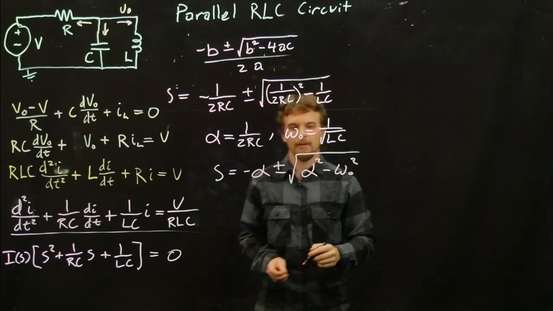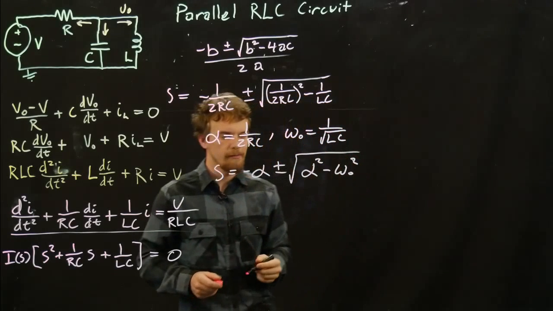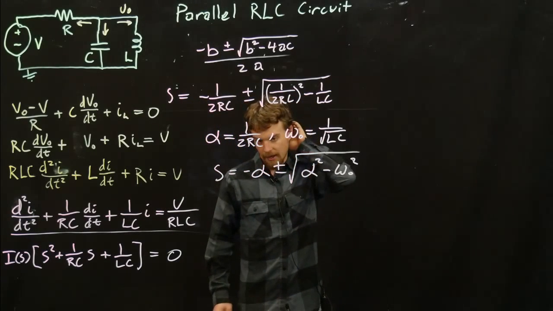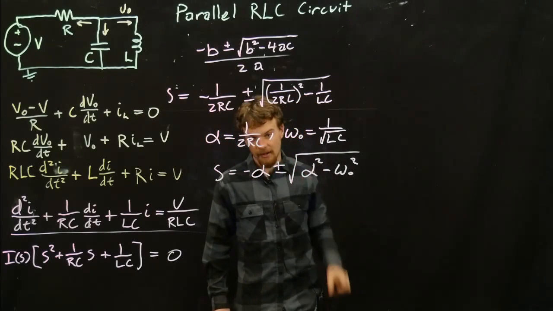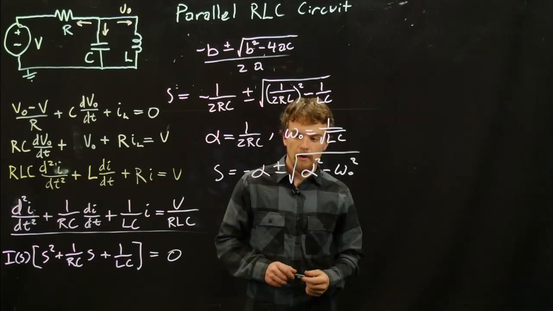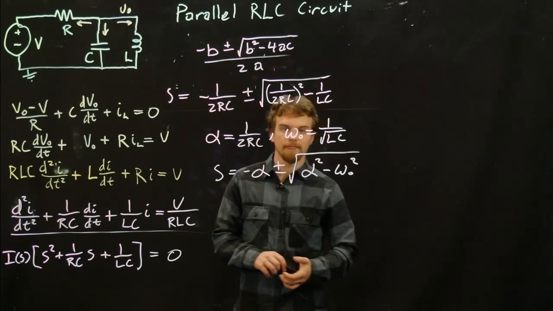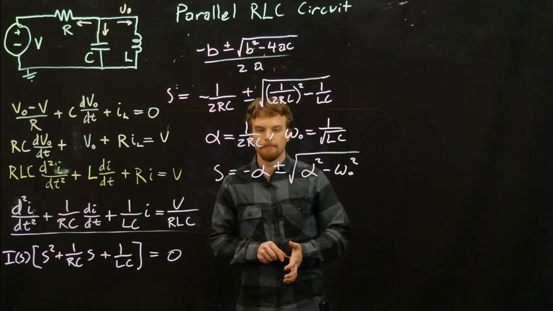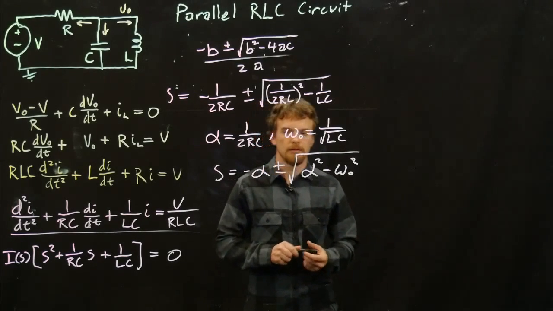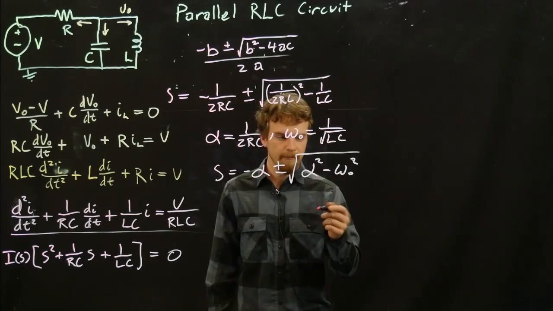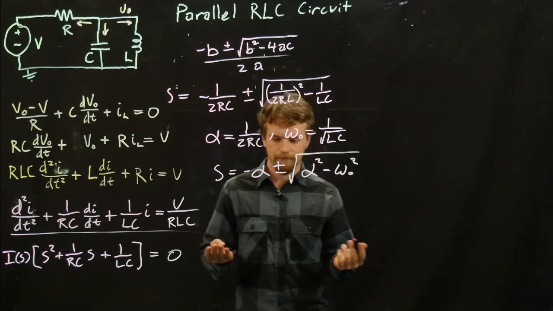Yeah, okay, so now we have our quadratic formula in a pretty simple form, and we can look at its behavior. So let's go through, there's 3 different cases we can have here. First, let's work with the case where alpha is greater than omega naught.